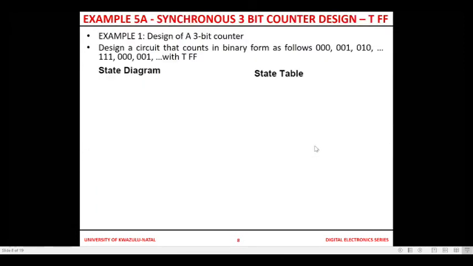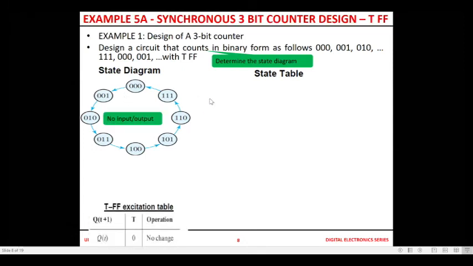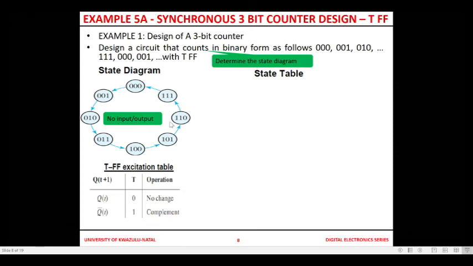Still with the examples. Now we go to counter designs. Design a counter that counts the following sequence: 000, 001, 010, 011, 100. So here the state diagram is very easy. It's counting like that. The state table, binary encoded. Remember, there is no input, no output.